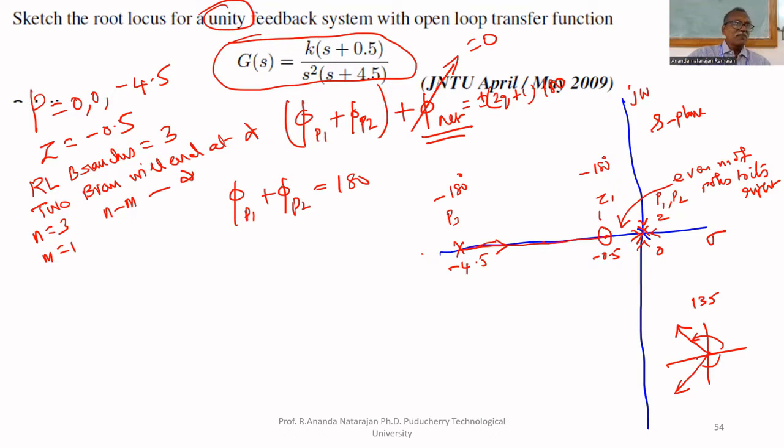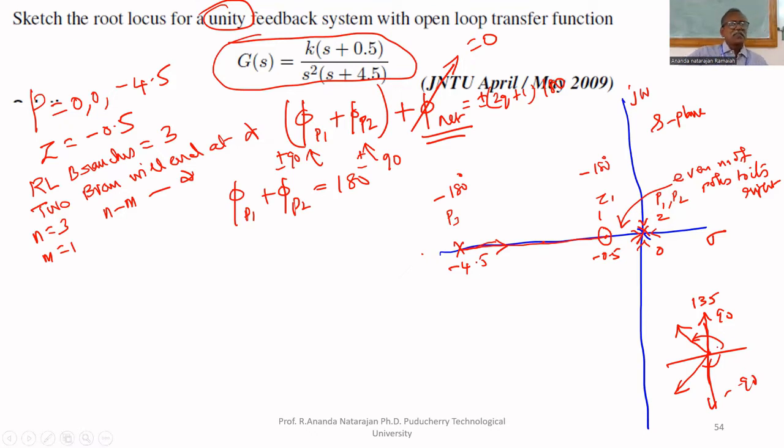But we need an odd multiple of 180. So suppose we assume this is 90. This is also 90, plus or minus 90. Because of the first rule, if one comes out at 90 degrees and the other at minus 90 degrees, then they are symmetrical.